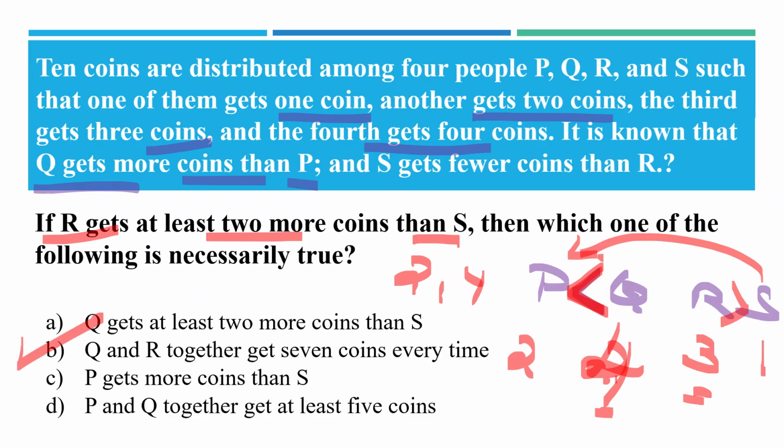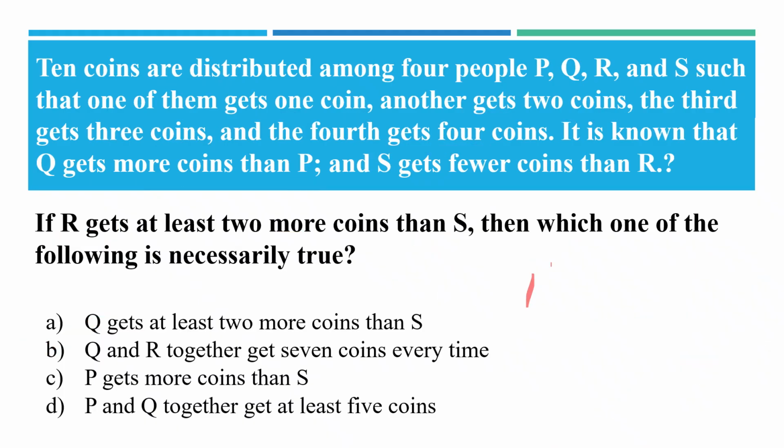Why? Because when you take P, Q, R, S, I gave R as 3. Instead of that, we can also give S as 2. The other possibility is S can be 2, so R can be 4.